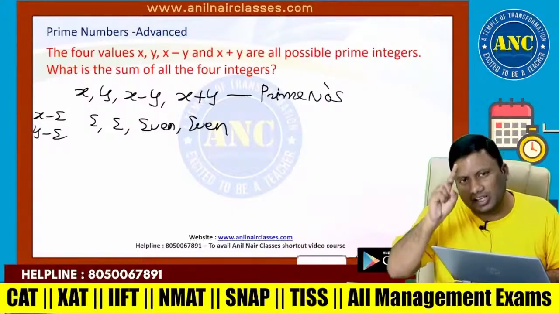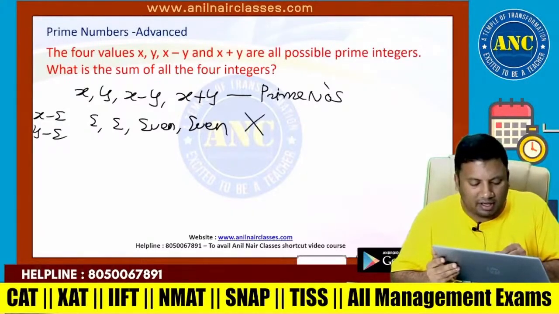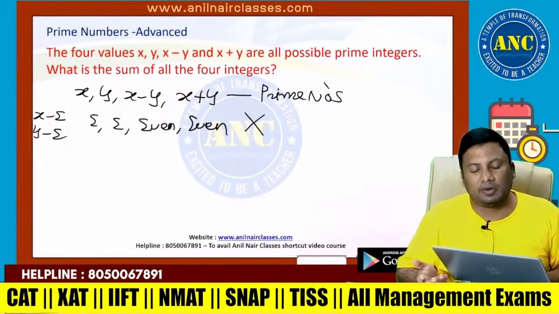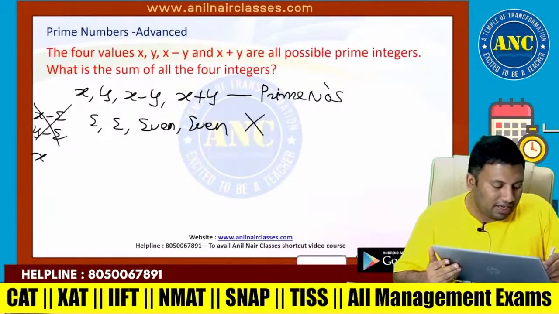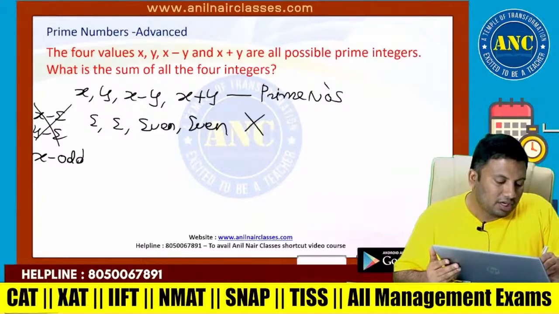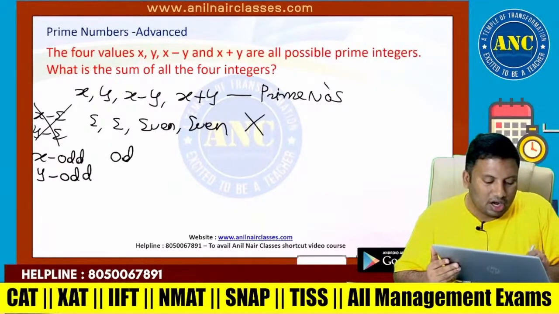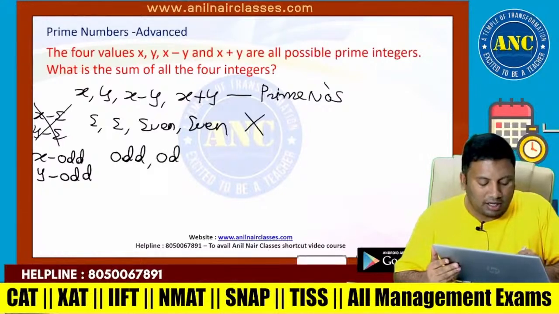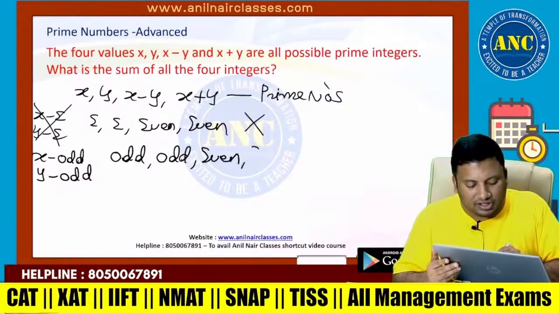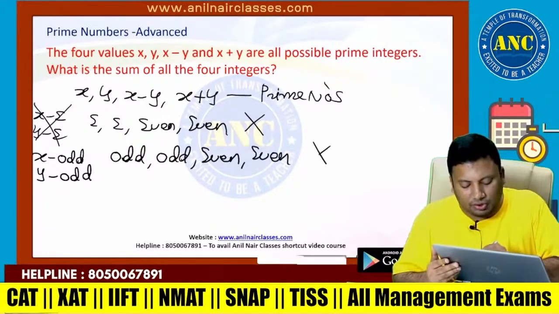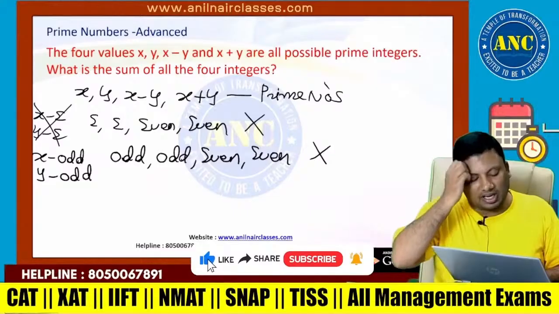In a prime number set, only one number should be an even number. But it says x and y both are even. Both even cannot be possible. If I take both as odd, x is odd, y is odd, then odd minus odd is even and odd plus odd is even. There cannot be two different prime numbers which are even.